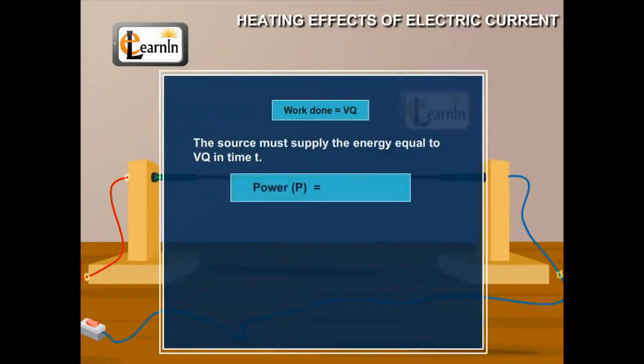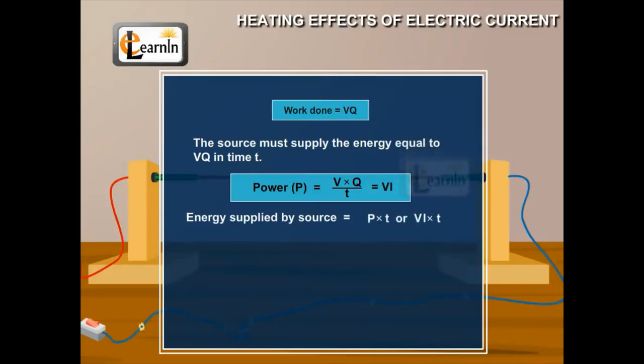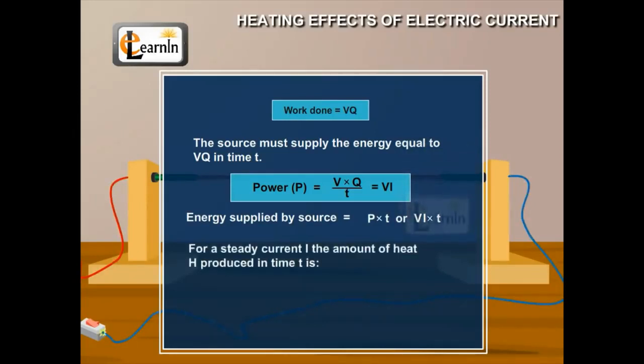Hence, the power input to the circuit by the source is P equals V into Q by t, equals VI, or the energy supplied to the circuit by the source in time t is P into t, or VI into t. This energy expended by the source gets dissipated in the resistor as heat. Thus, for a steady current I, the heat H produced in time t is H equals VIt.